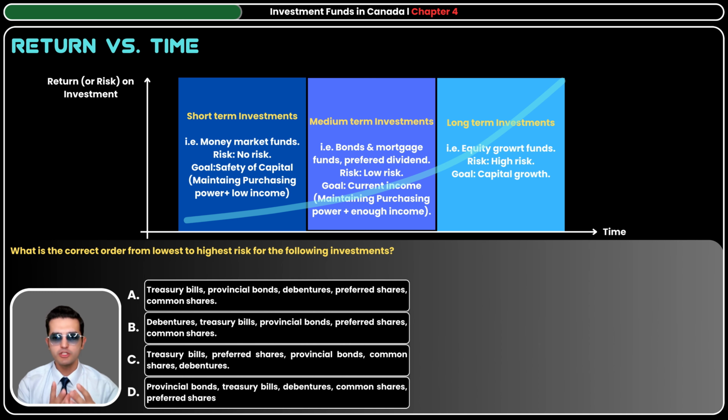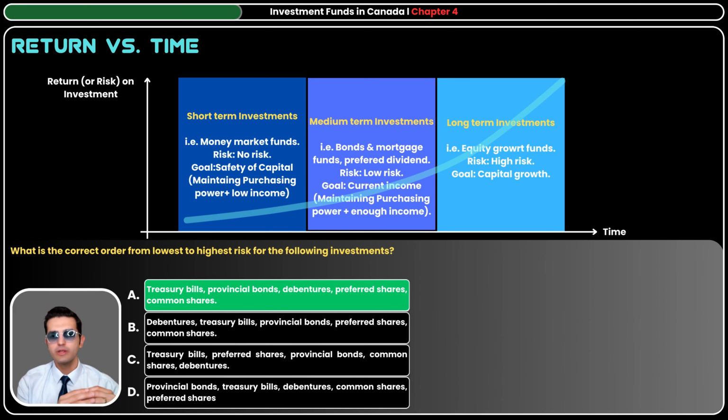And common shares are part of the equity securities and have the highest risk or highest return among these types of investments. Okay, so then the right answer is A. A starts with the lowest risk, like treasury bills, and ends with the highest one, which is common shares.